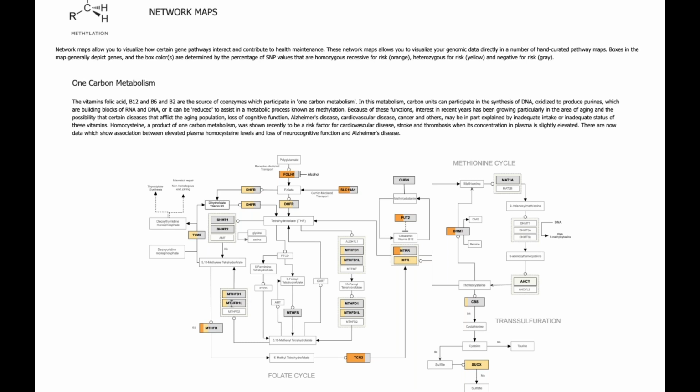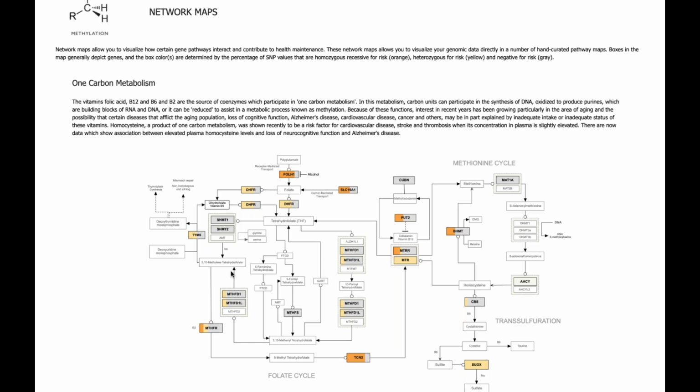So would it be correct that when you look at a network map, your eye should probably be first drawn to the boxes that have the most orange filling them, or is that incorrect? Yes, I would agree with that, but I also would not ignore the others. You really have to take this as where the art of genomics comes into play. You have to see, well, where in here do I think I can have the most influence?